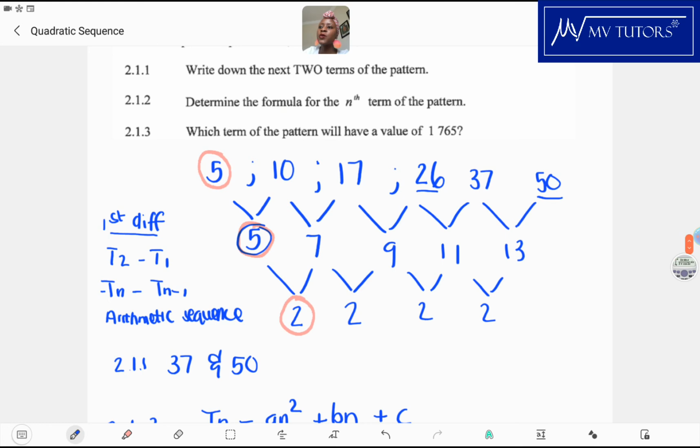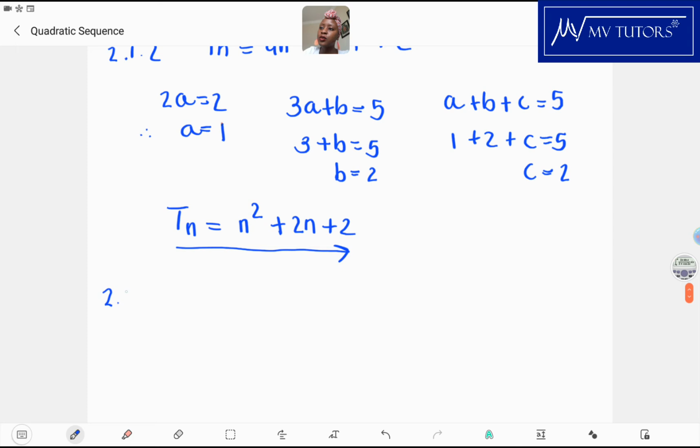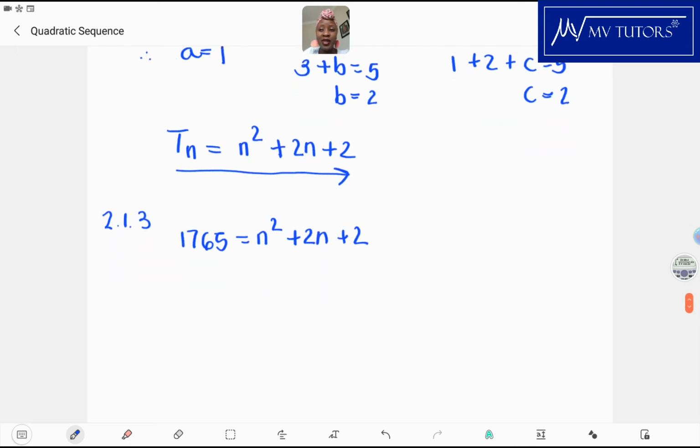And then the third question, it says which term of the pattern will have the value of 1765? So if I were to use my term formula, what number term would give me 1765? So I have n squared plus 2n plus 2. Here you're going to use the quadratic formula.